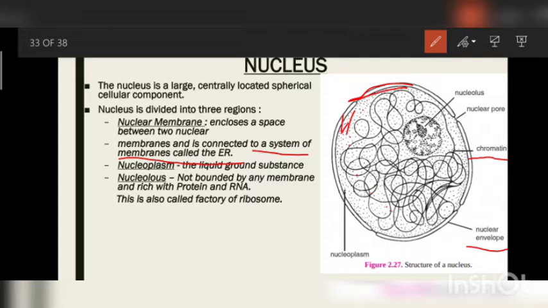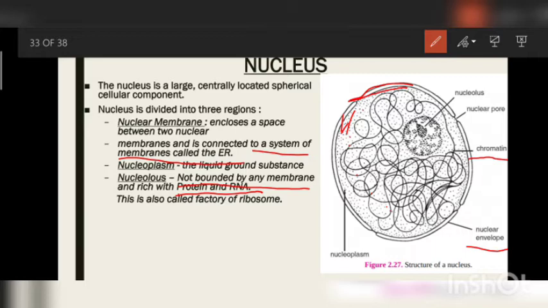Now after that, nucleolus. What is nucleolus? Nucleolus is not bounded by any membrane. It is freely present and rich with DNA, RNA and protein. So here again a question comes: where is RNA present in the nucleus?